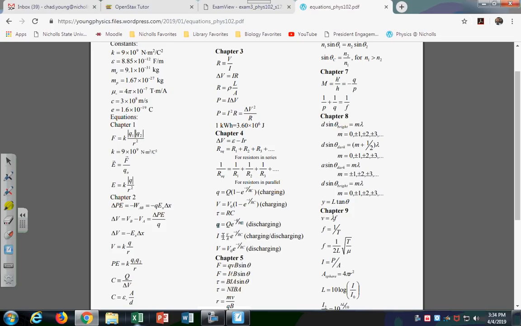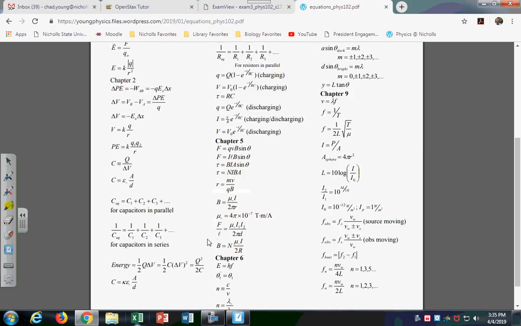The reason is that initially when you're charging a capacitor, you get a big burst of current, and then it declines as you get more and more charge on the capacitor. Similarly, when you're discharging the capacitor, you get a big burst of current right at first, but then it declines because I just don't have as much charge anymore, so my current decays. Make sure you're familiar with what's on here.